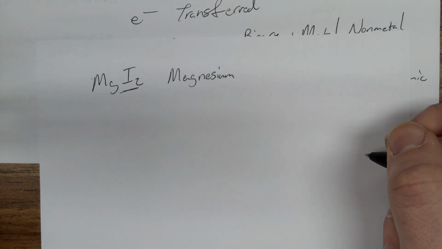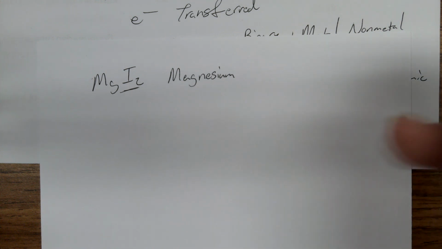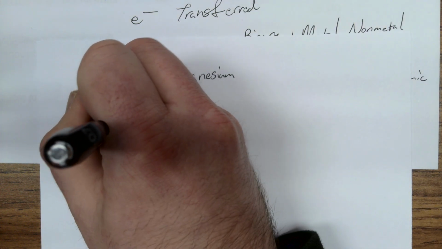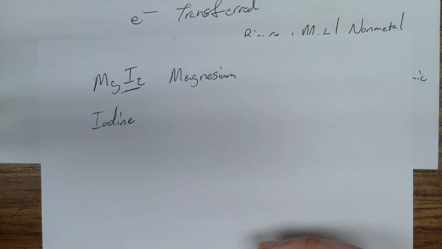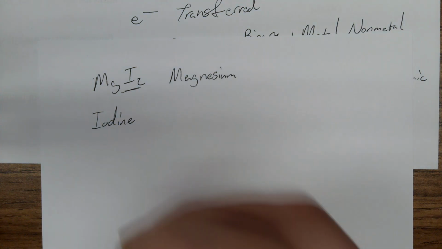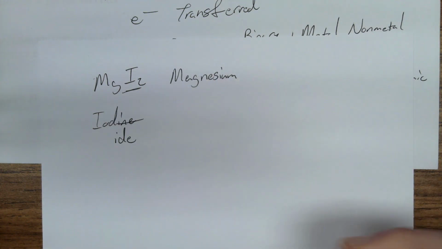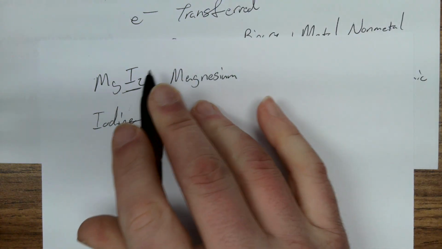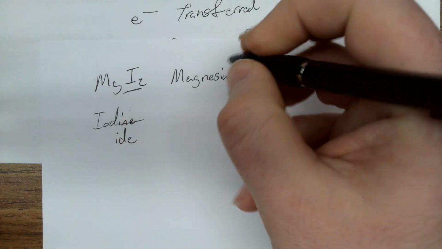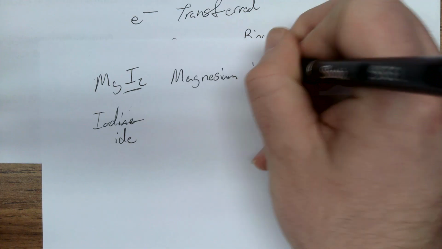What element? Iodine. But I'm not going to write iodine. I'm going to write what? What am I going to do to the end of iodine? Cut it off and add IDE. So MgI2 is going to be magnesium iodide.